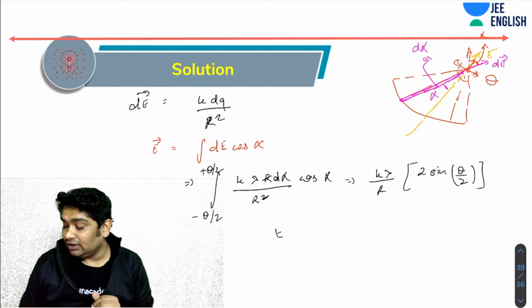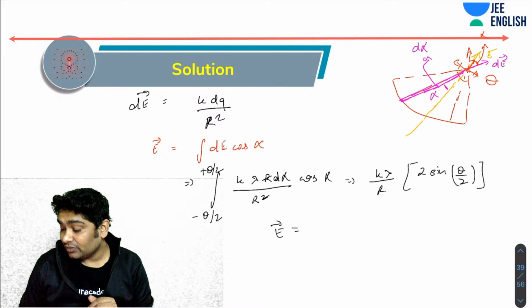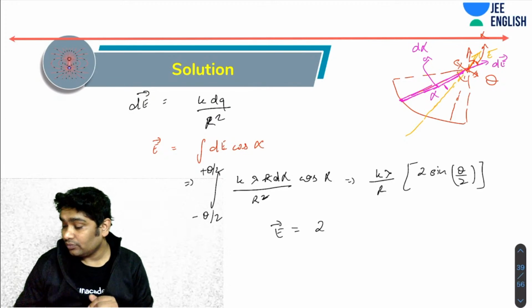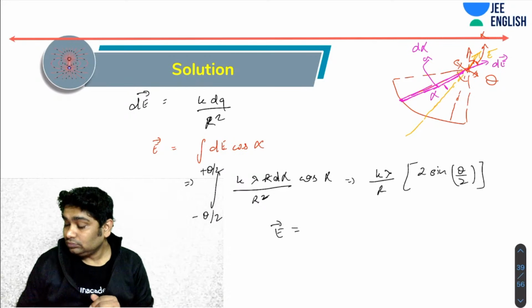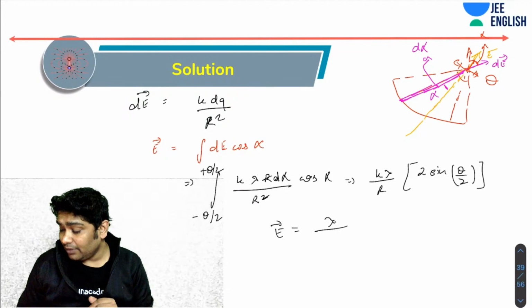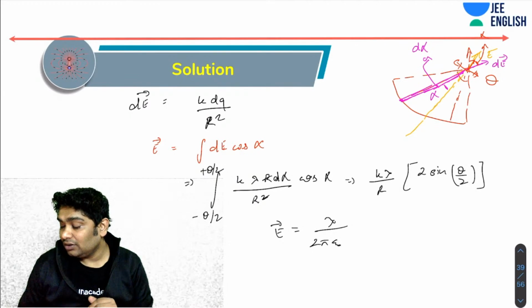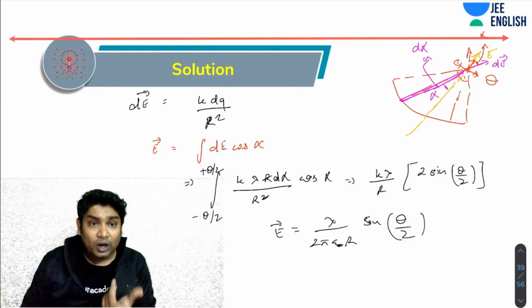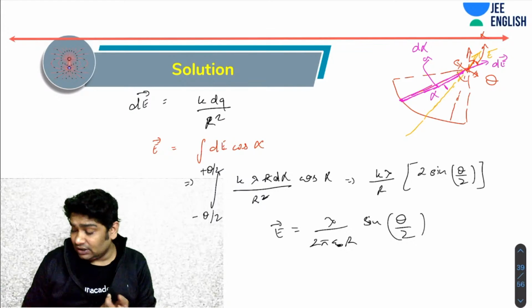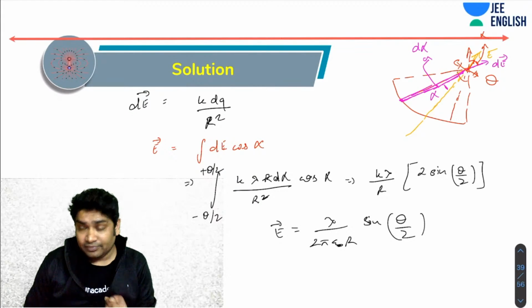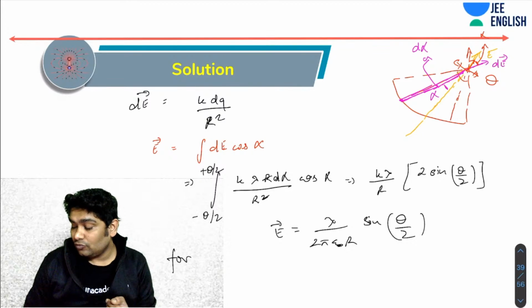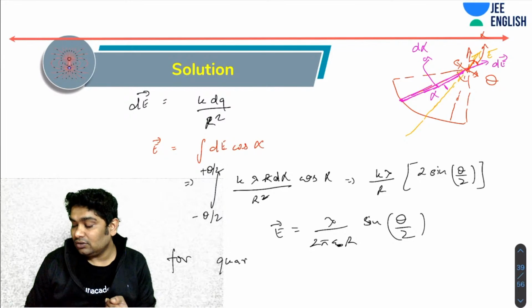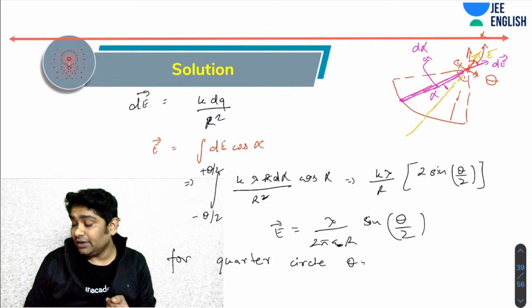So E vector turns out to be lambda over 2 pi epsilon naught r times sine of theta by 2. So for a quarter circle, theta equals 90.